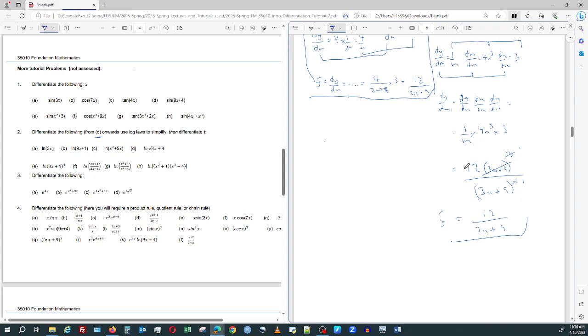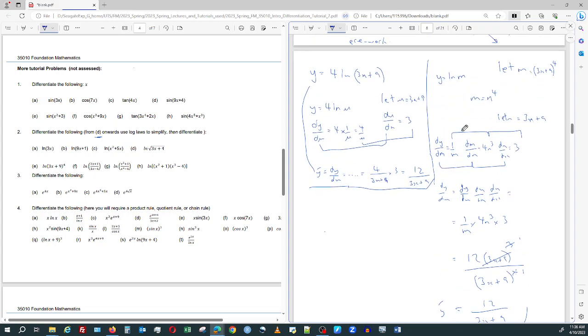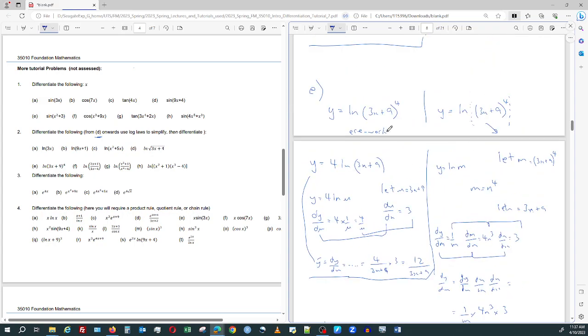So it's a little bit more involved if you don't do the log law. So the idea of invoking the log law simplifies how many times you have to do the chain rule. So in this case, doing the chain rule twice is all that was needed because we invoked the power moving out the front.